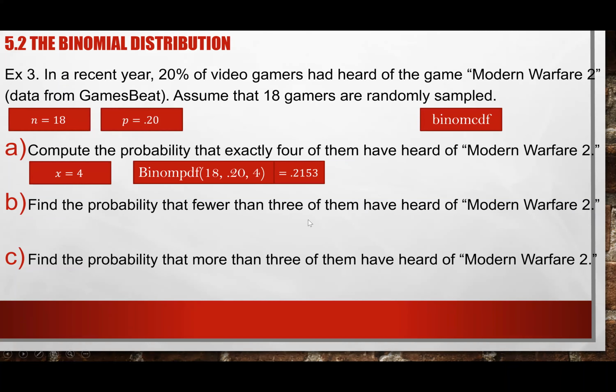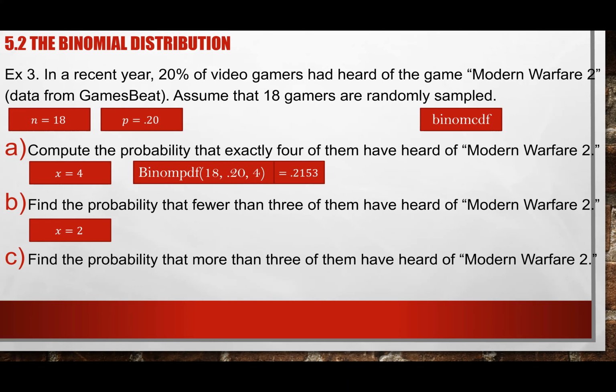But the problem is, ladies and gentlemen, what is my endpoint? Do you agree that my endpoint is not at the 3? My endpoint is at the 2, because it includes the 0, the 1, and the 2. Those are the items that are fewer than 3.